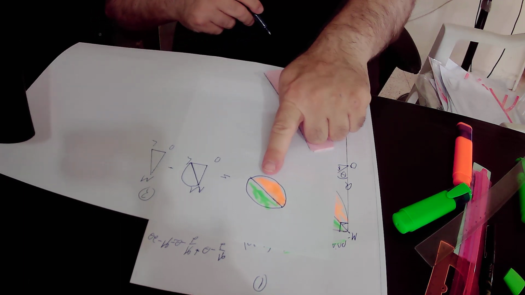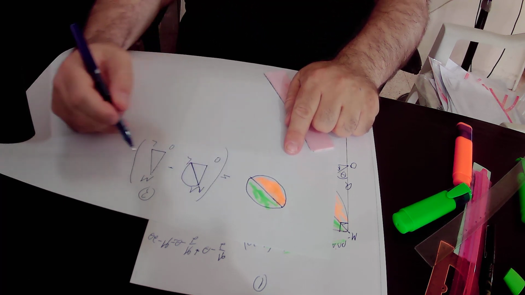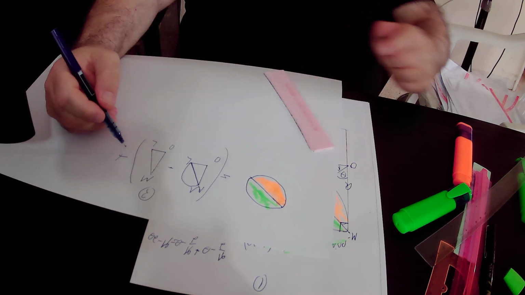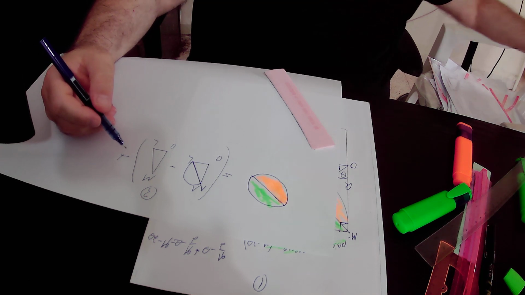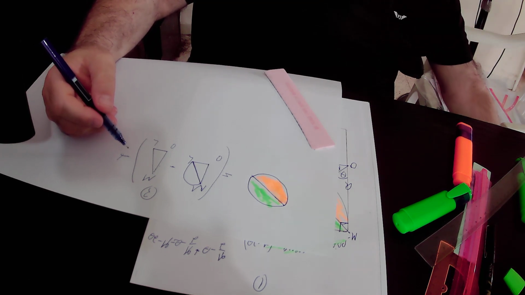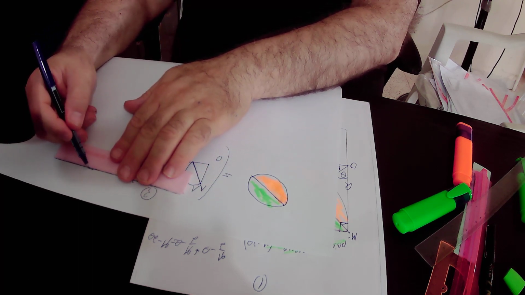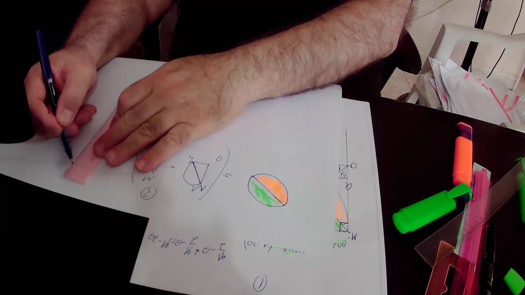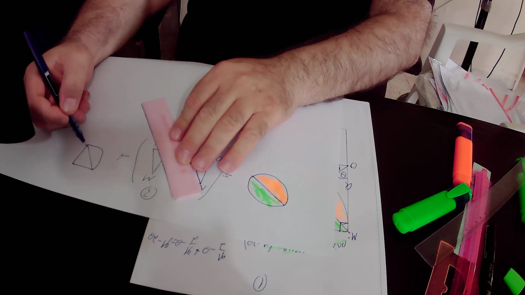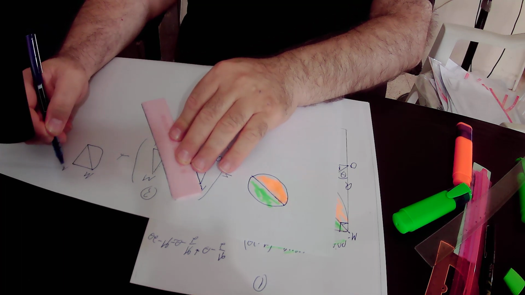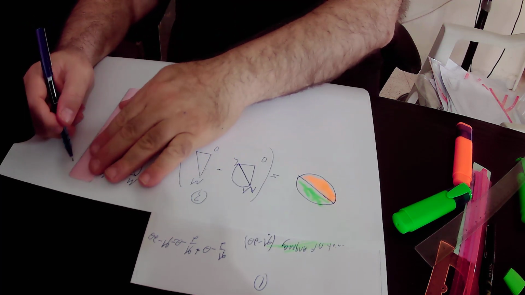So this is the area of the green upper circular segment plus the area of the lower circular segment, that is equal to the area of sector MNL minus the area of triangle MNL.